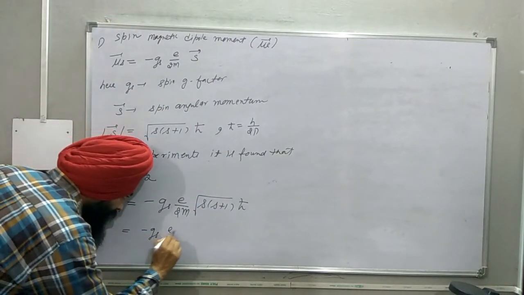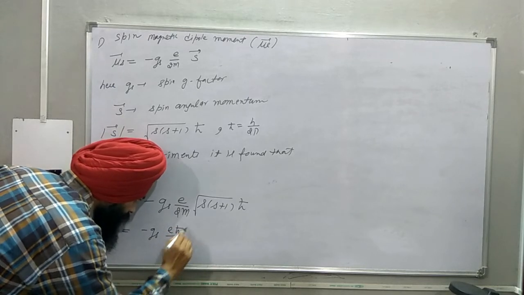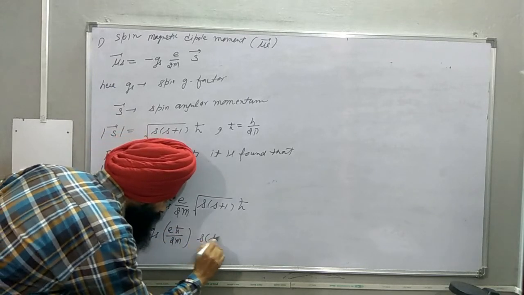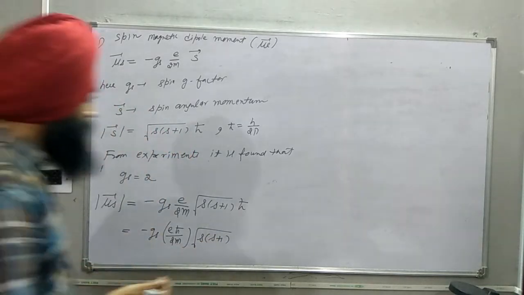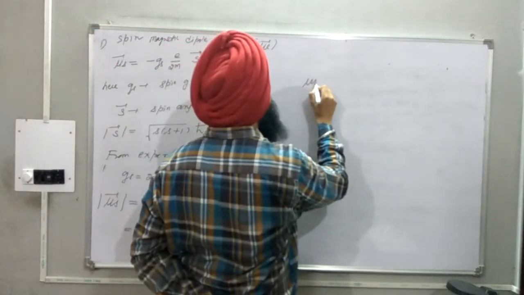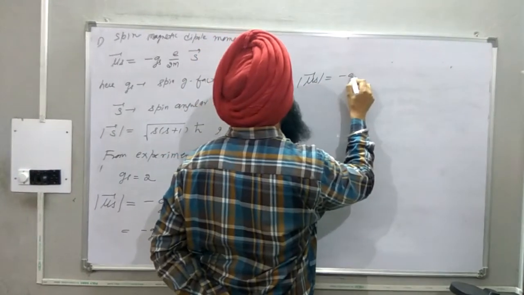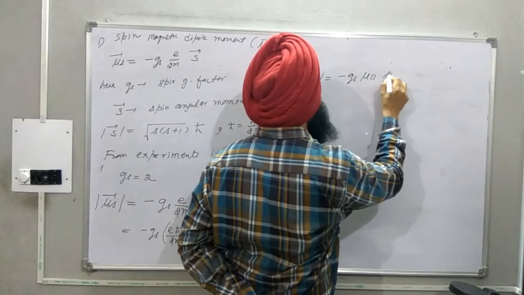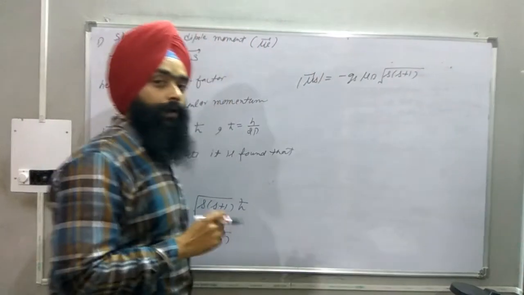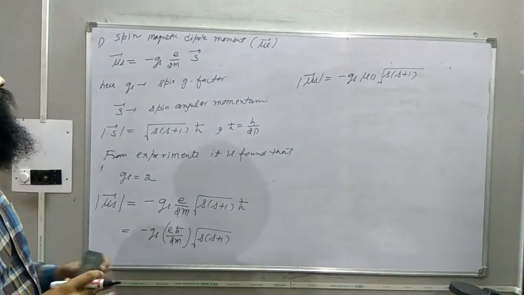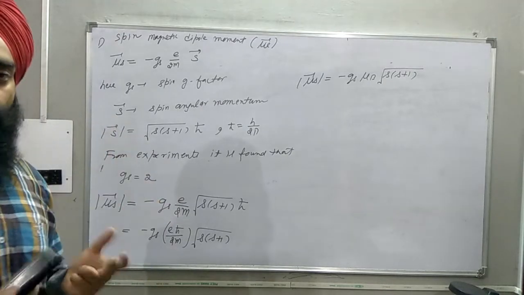Again, we can combine h cut here and write it as a Bohr magneton. So the value of mu S comes out to be minus gS mu B under root S into S plus 1 in magnitude. So this is all about the spin magnetic dipole moment.